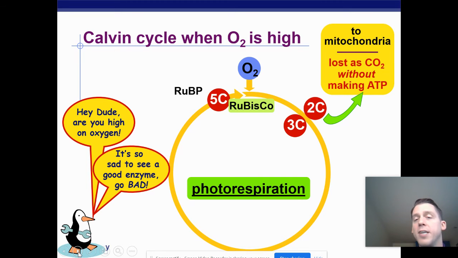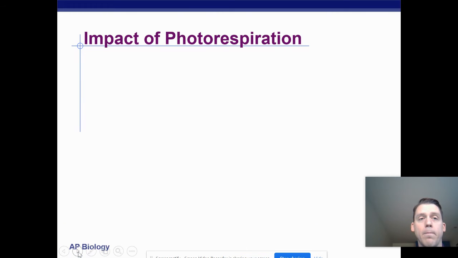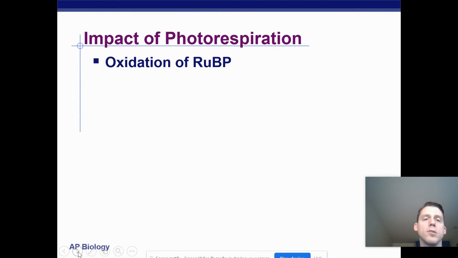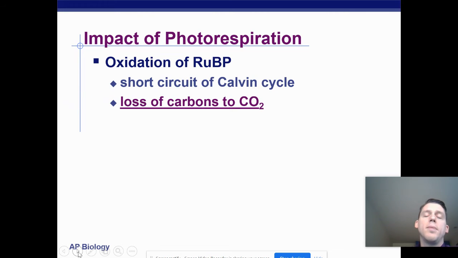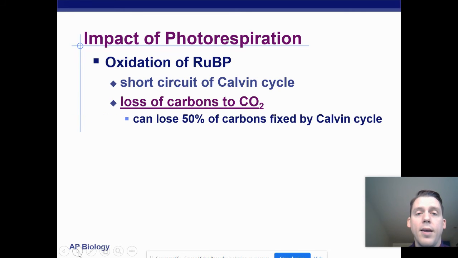So rubisco is not doing us any favors if the O2 concentration is high. So the impact, basically, is oxidation of RuBP, and that is going to short circuit the Calvin cycle. So this is going to be a loss of carbons as carbon dioxide, and this can be up to a 50% loss. So that is a huge loss.